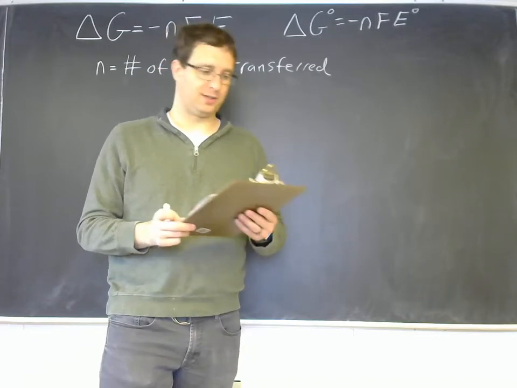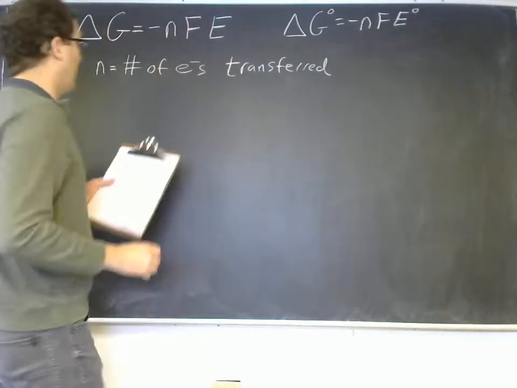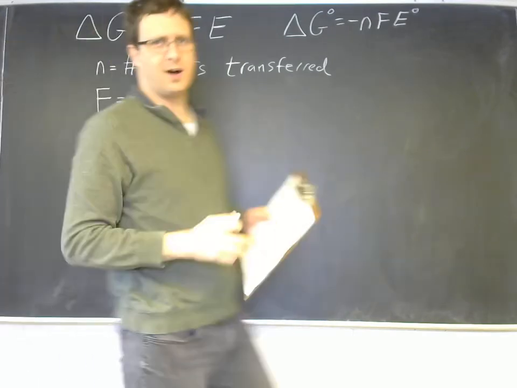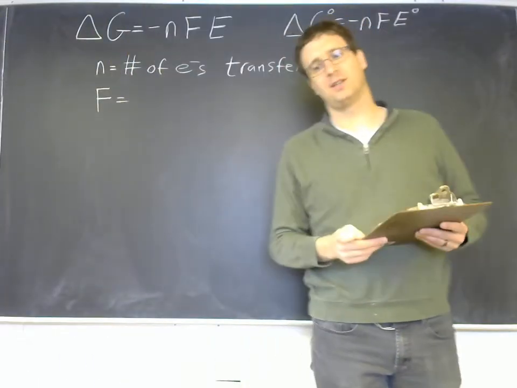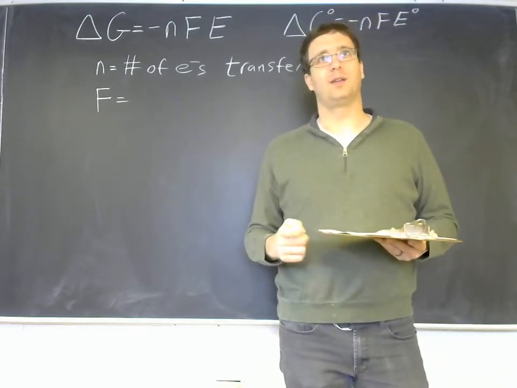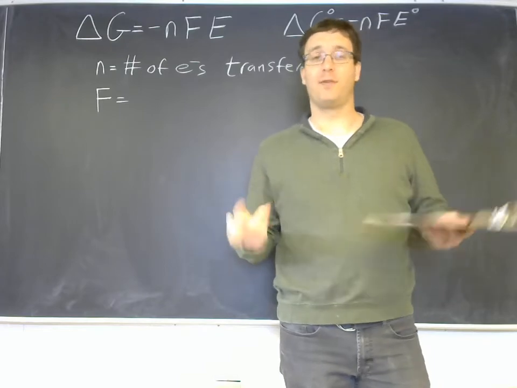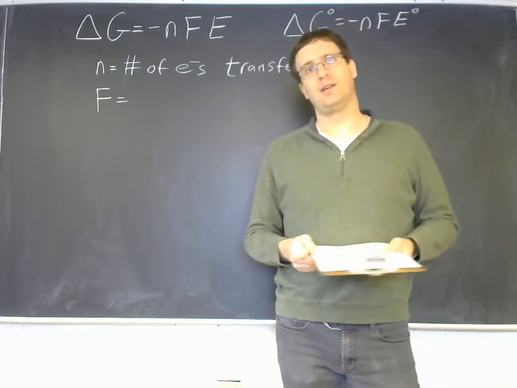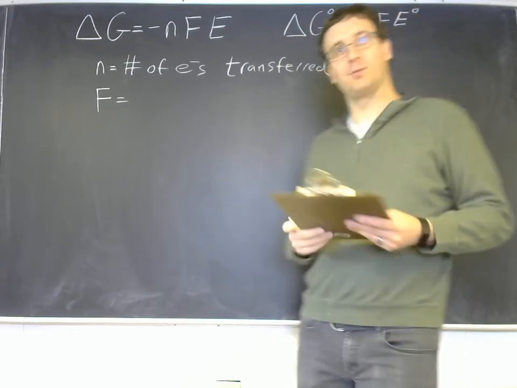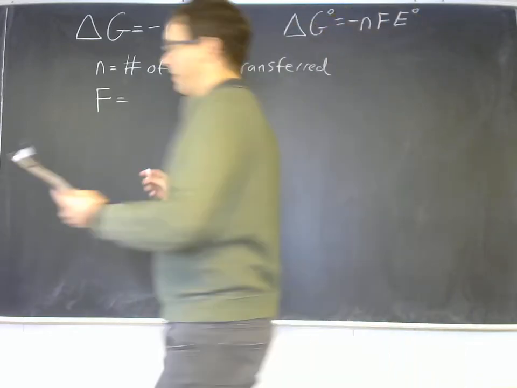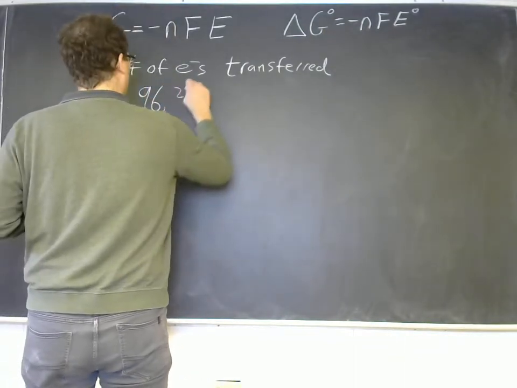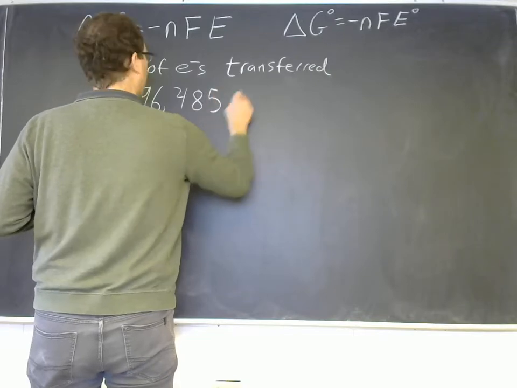So that's n, and then F is a new constant. It's called Faraday's constant, named after Michael Faraday, and it's the charge of a mole of electrons. The SI unit for electrical charge is a coulomb, and the units for Faraday's constant will be coulomb per mole, and it is 96,485 coulombs per mole.